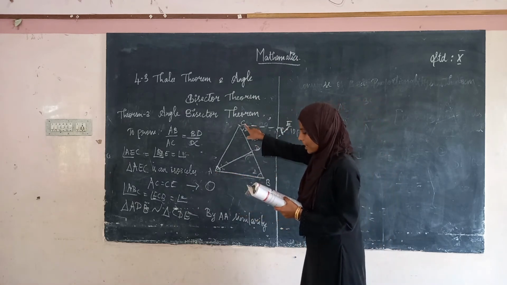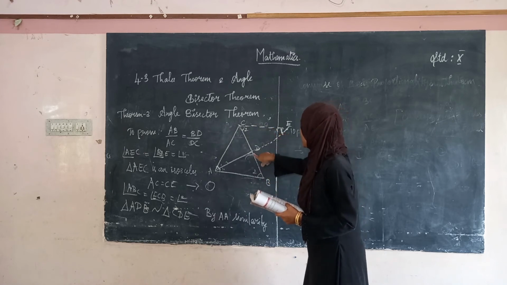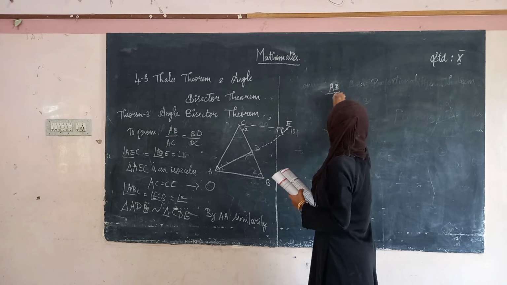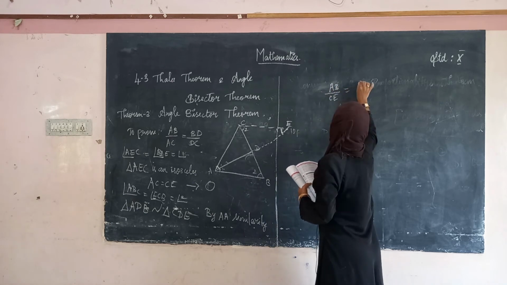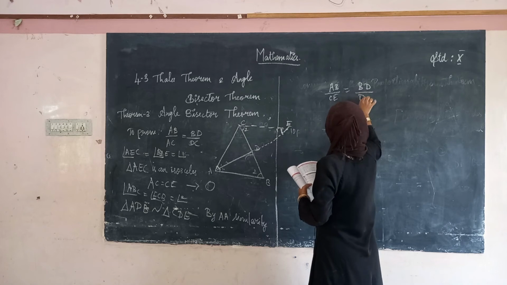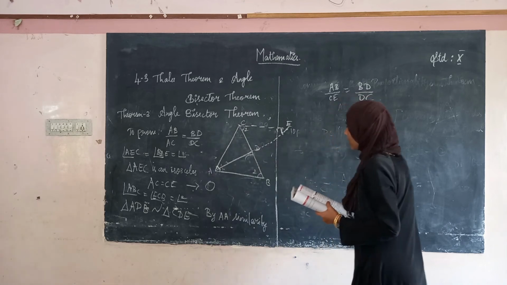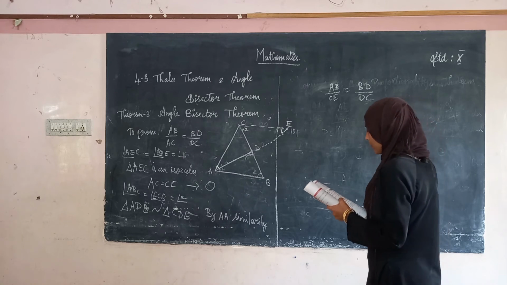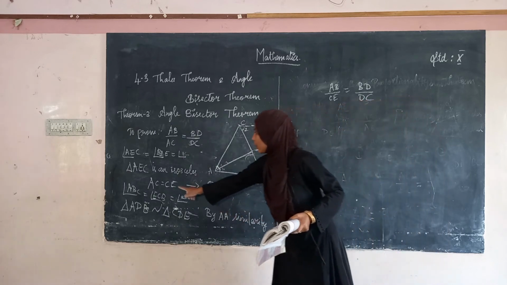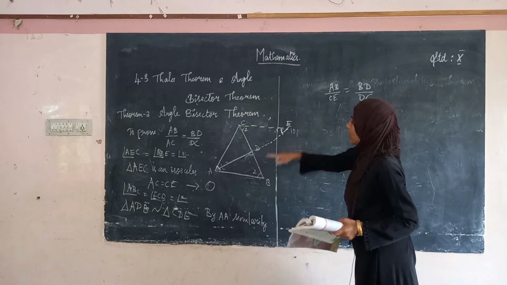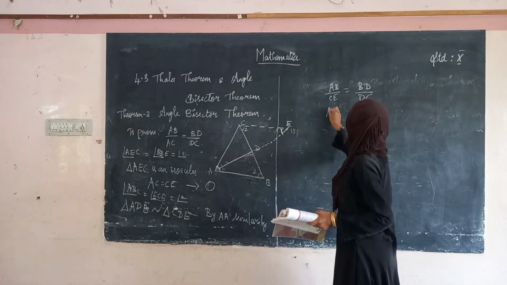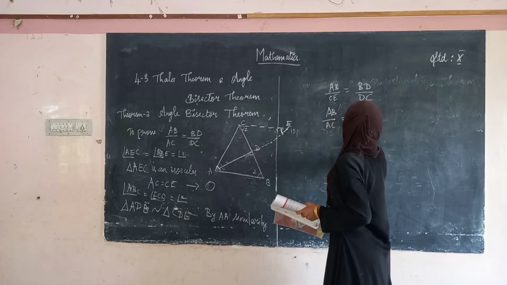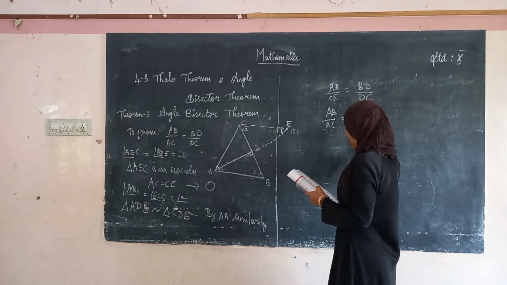AB divided by CE is equal to BD divided by DC. Instead of CE, from 1 we can write AC. Therefore, AB divided by AC is equal to BD divided by CD.